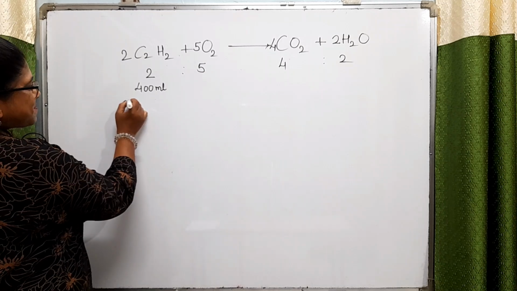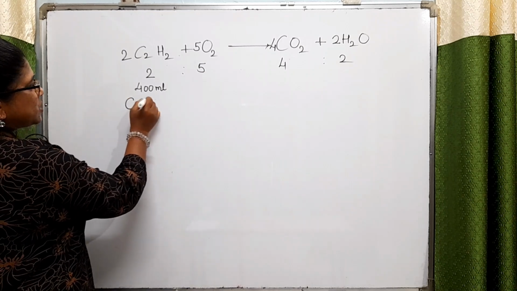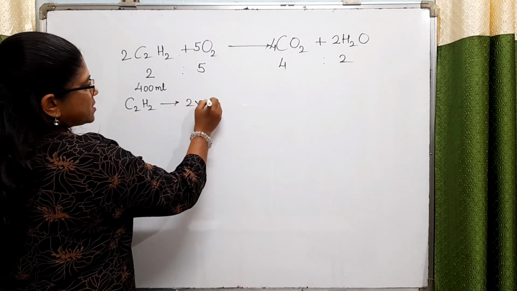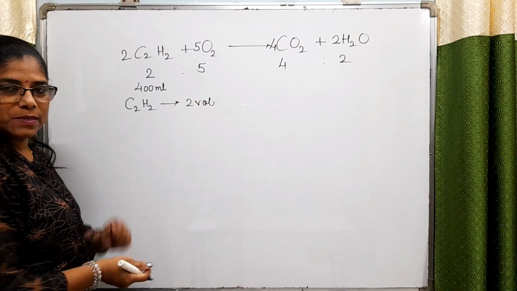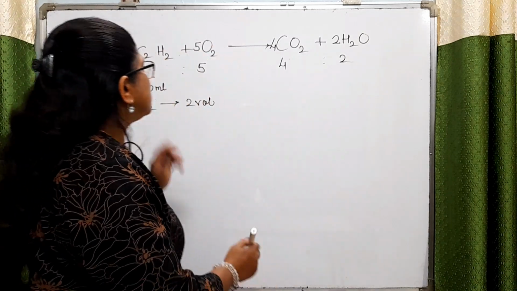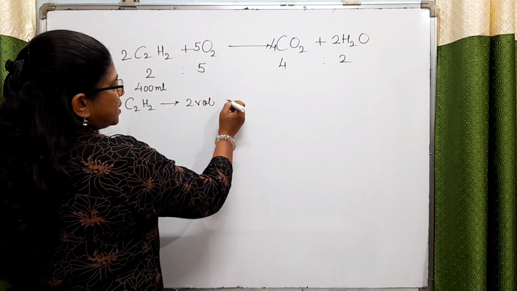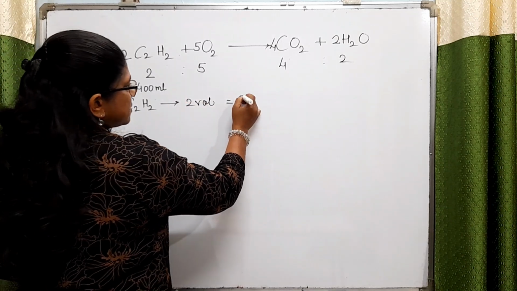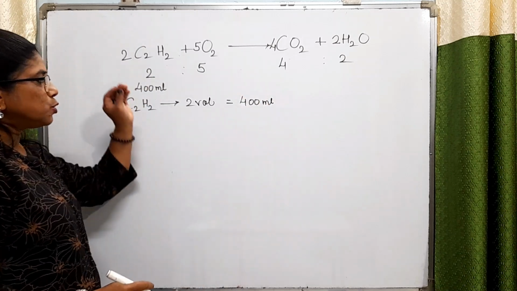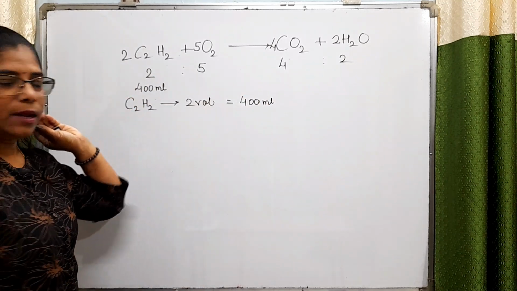Here C2H2 is present in 2 volumes. 2 volumes of C2H2 are utilized in this reaction, and the actual volume is 400 ml. So 2 volumes is equal to 400 ml.